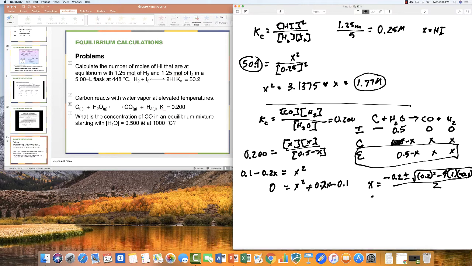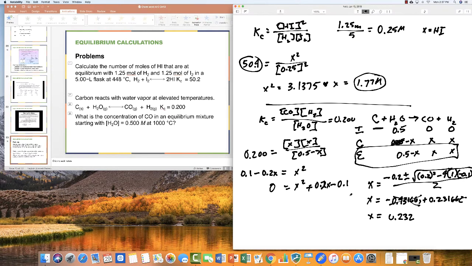And if you do all the math here, x is going to be either minus 0.43166, or it's going to be plus 0.231662, and we know it can't be a negative number, so the answer is x is going to be 0.232 to 3 significant figures.